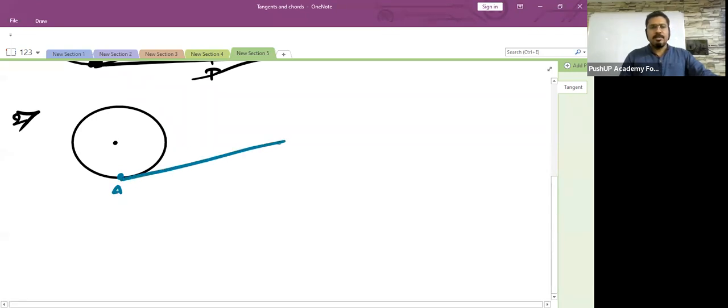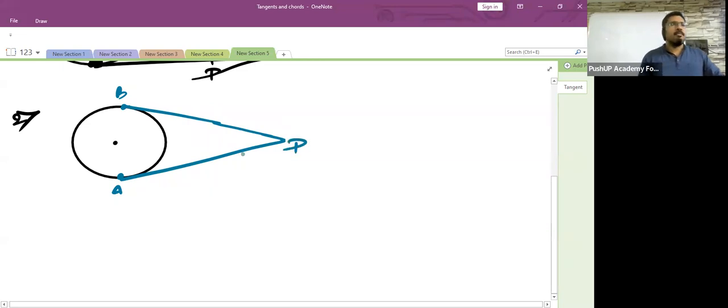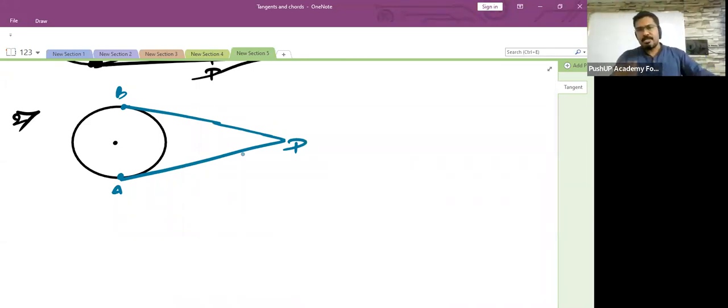Okay, this is the first tangent and this is the second tangent. Remember children, I am drawing two tangents from an external point P to the circle. The first tangent is touching the circle at point A and the second tangent is touching the circle at point B.